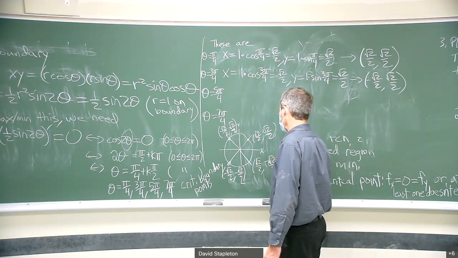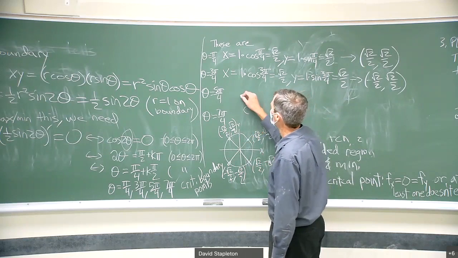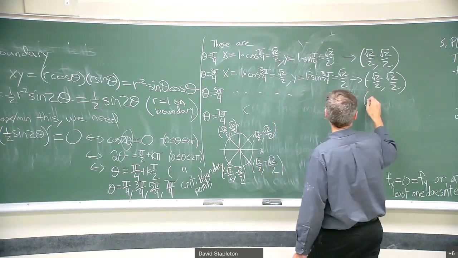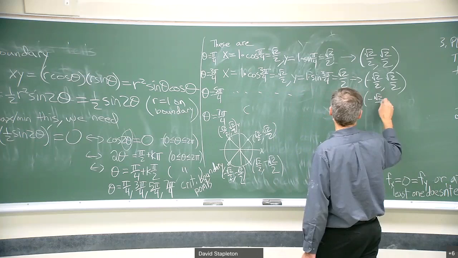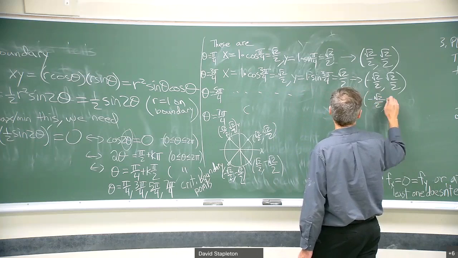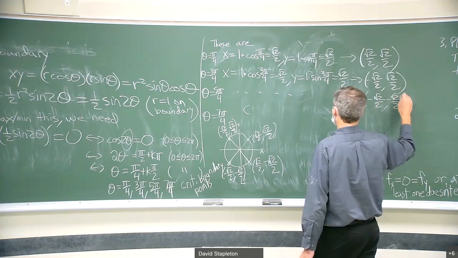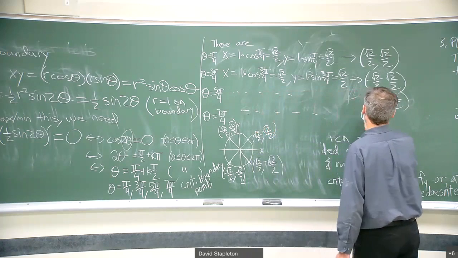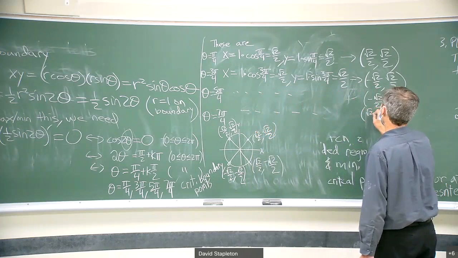So those are all the critical boundary points you have to check. You get minus and minus. And this one you get plus, minus.